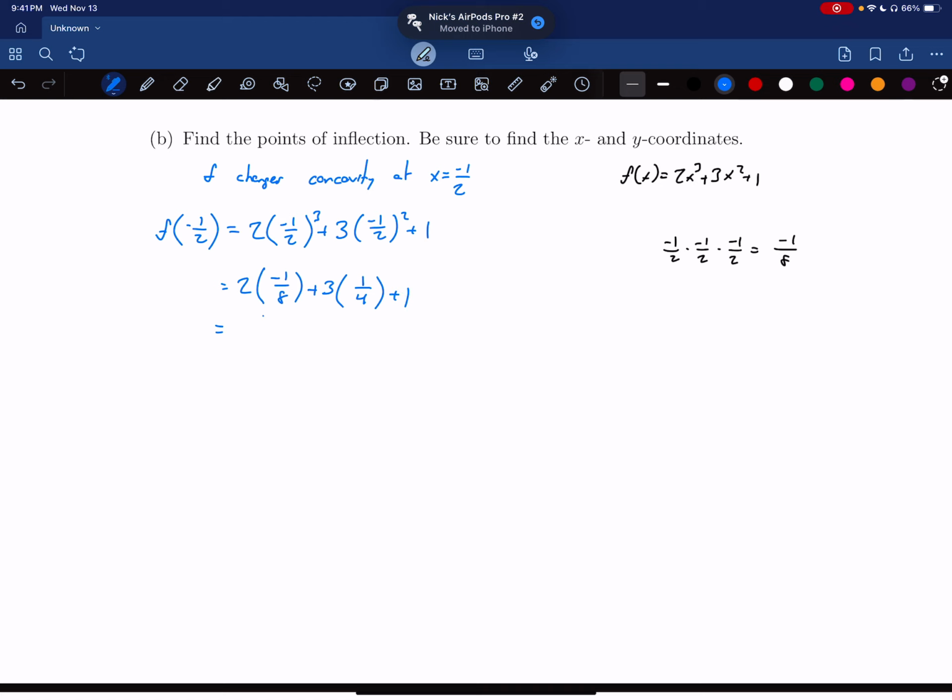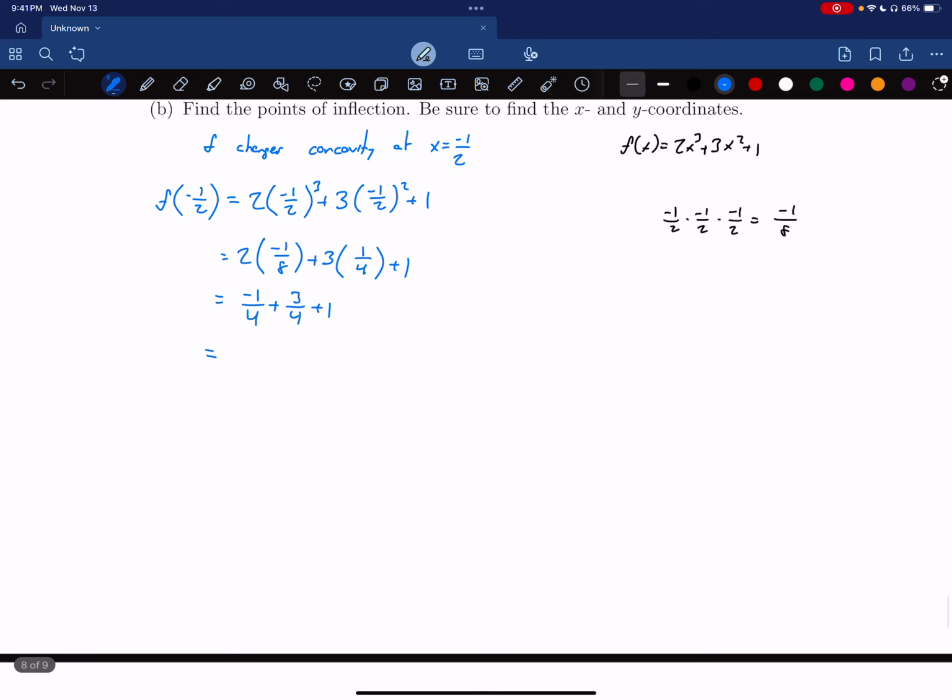All right, simplifying even more. 2 times negative 1/8 is negative 1/4. 3 times 1/4 is 3/4 plus 1. Almost there. Negative 1/4 plus 3/4 is positive 2/4, which is the same as 1/2, plus 1.